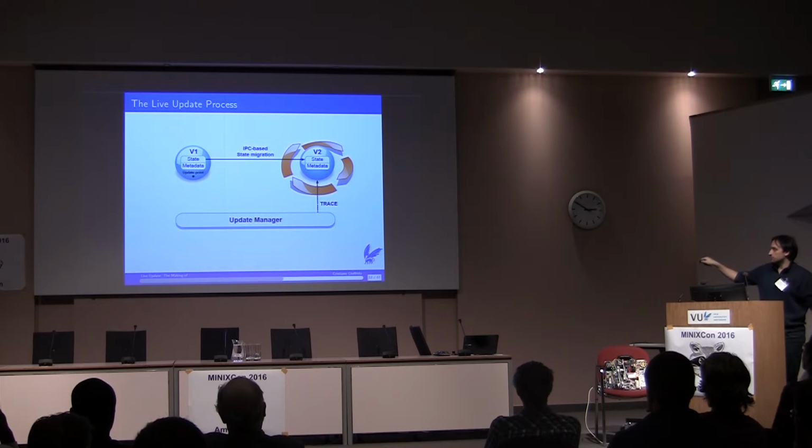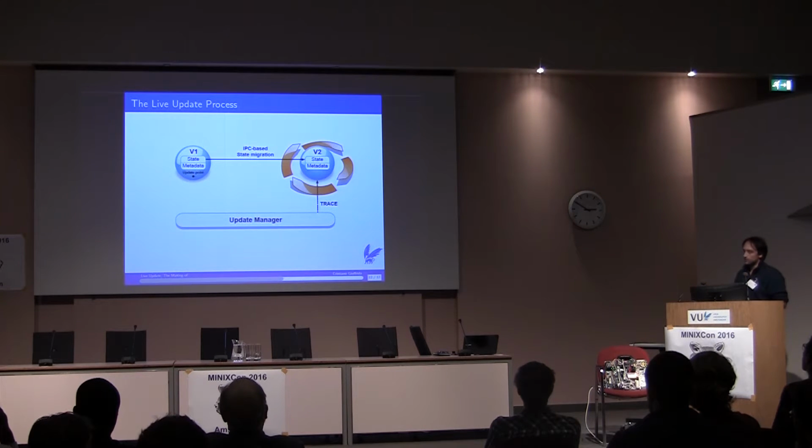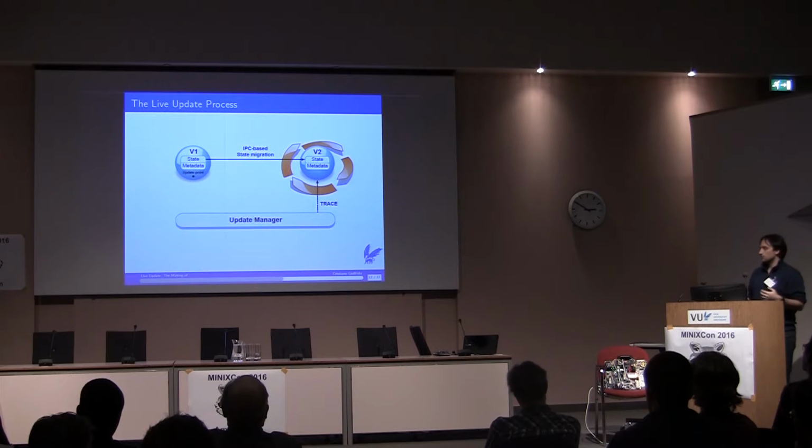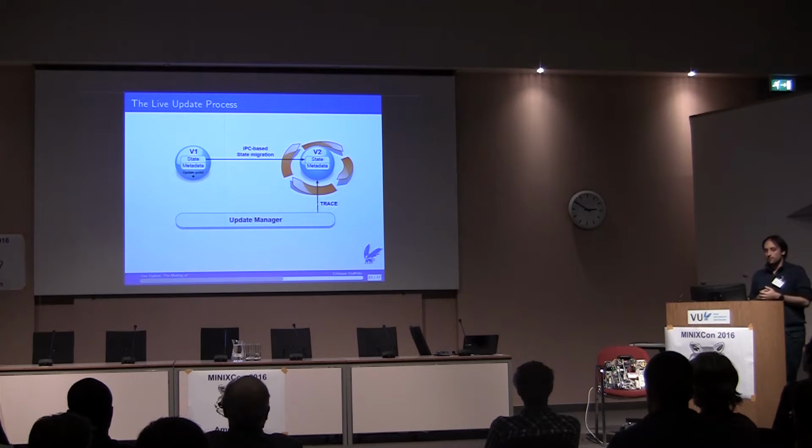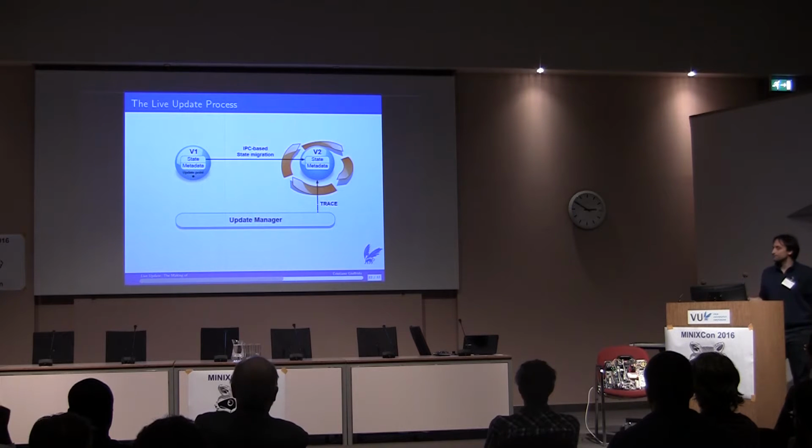All the metadata information describing the data structures of version 1 and all the metadata information describing the data structures of version 2. So we can now interpret this metadata information, look up all the data structures across the two versions, pair up different memory objects, and transfer the state one object at a time in the second phase of state transfer, which we call state migration phase. Okay?